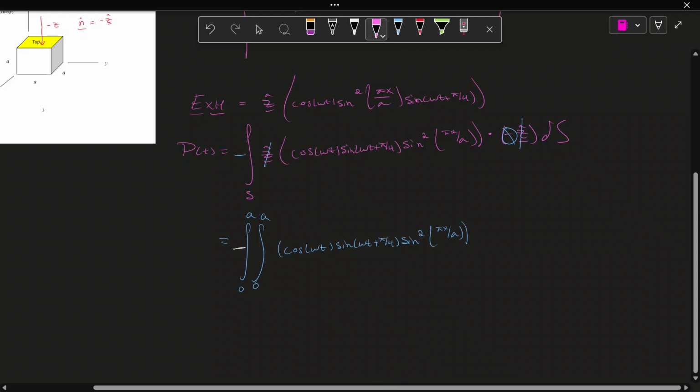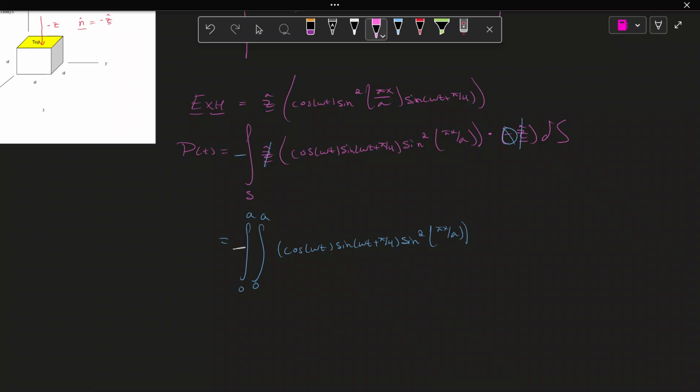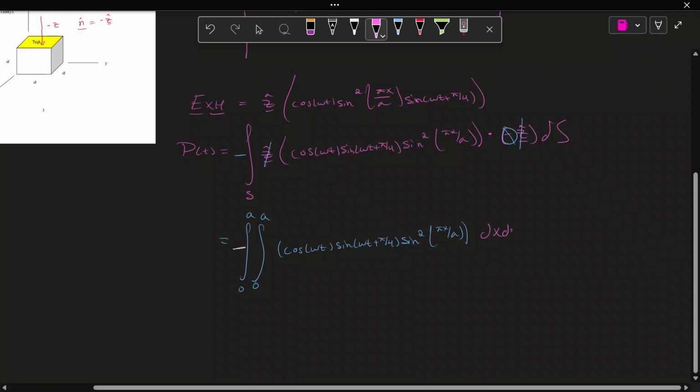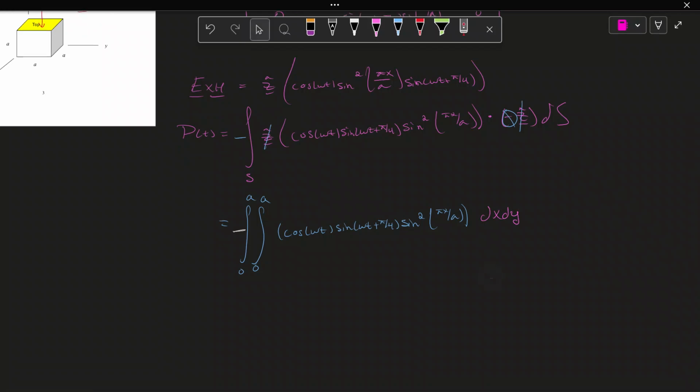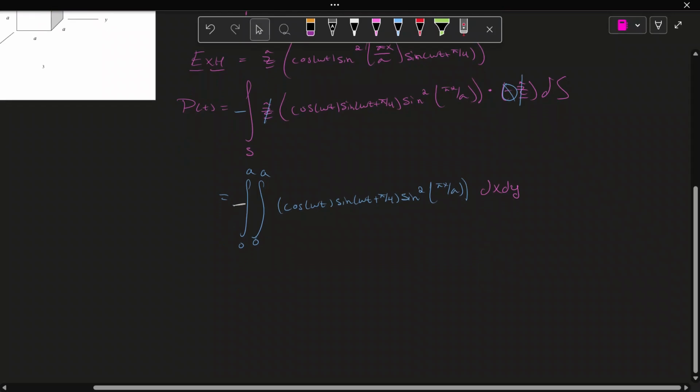Well, remember previous videos, in cylindrical coordinates, we put this rho d phi. In rectangular coordinates, we don't have to worry about that Jacobian. So all we do is put dx dy. Remember, this is rectangular, not cylindrical.